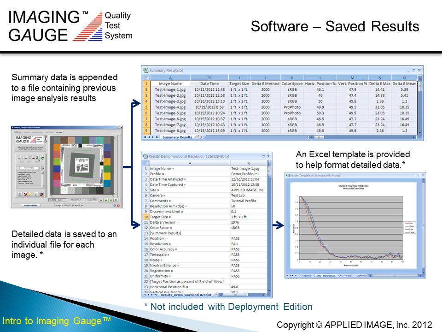That can be exported to a template that displays the information in Excel in a way that's much easier to read than the text file. Saving the individual files is available for the Enterprise and Engineering versions, but is not included with the Deployment Edition.